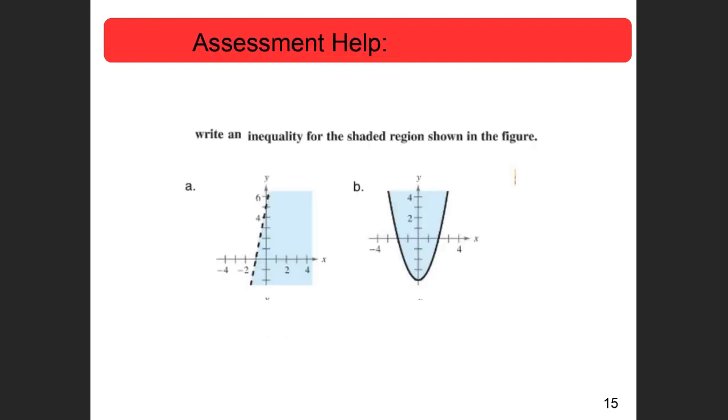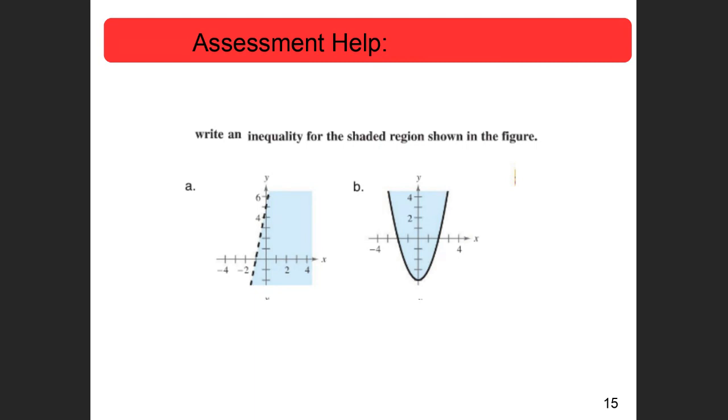All right, now, on tonight's assessment, you have to write an inequality for a shaded region. So what is the inequality for each of those? Now, when you look at a problem like that, and these two graphs are on the assessment, so you're getting some answers right off the bat.